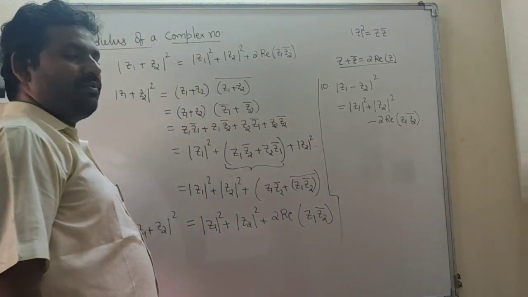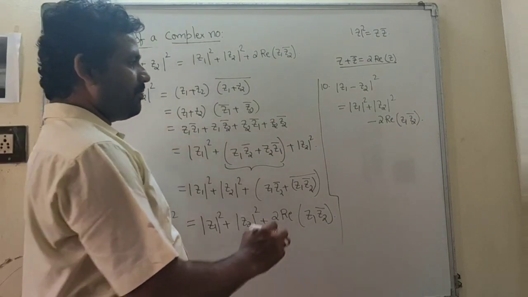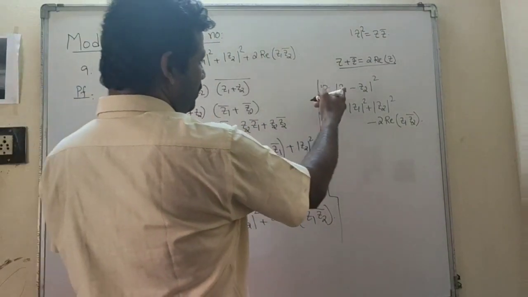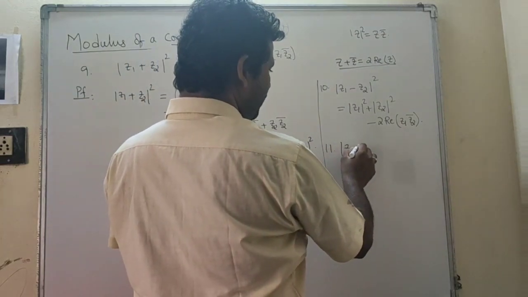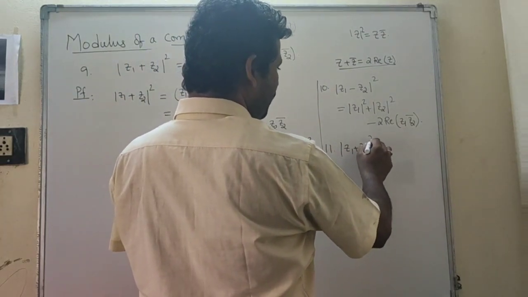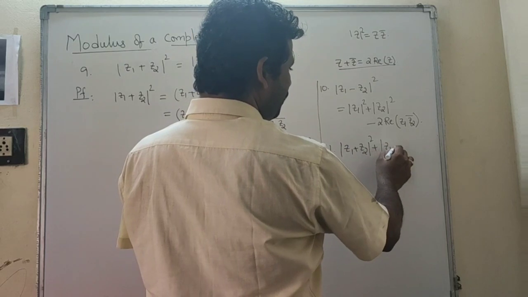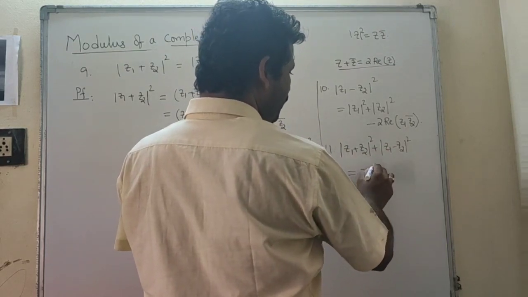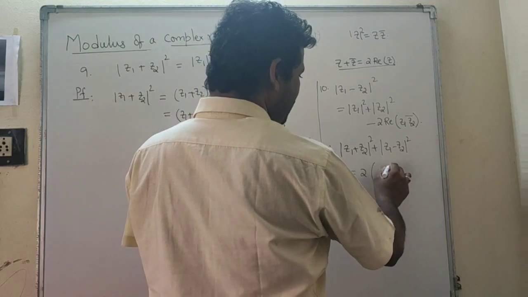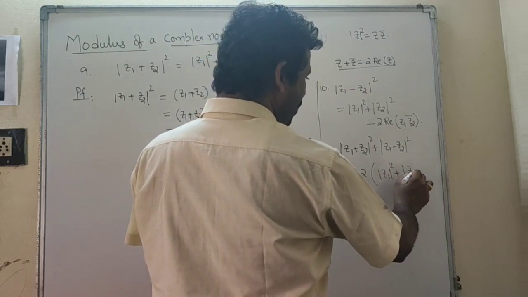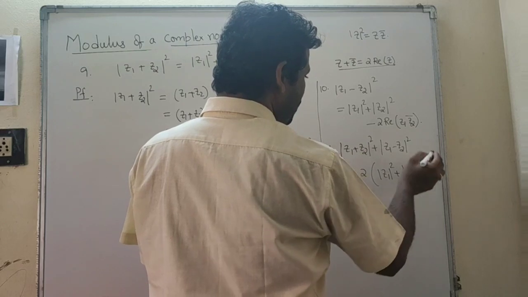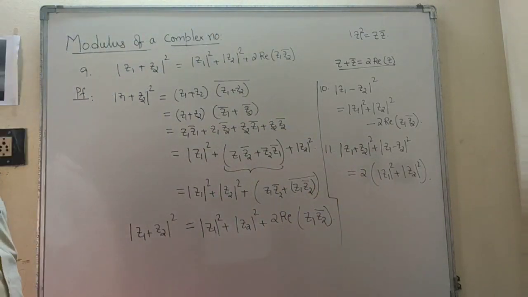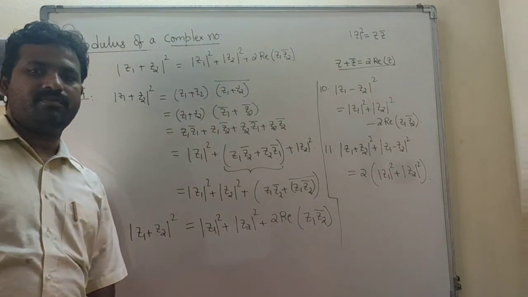And the next one, add these two: mod of z1 plus z2 whole square plus mod of z1 minus z2 whole square is equal to twice mod z1 square plus mod z2 square. So these are the properties of modulus of complex numbers.